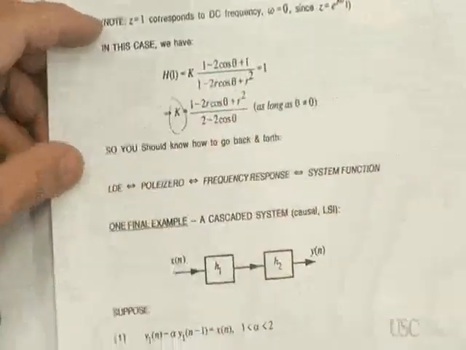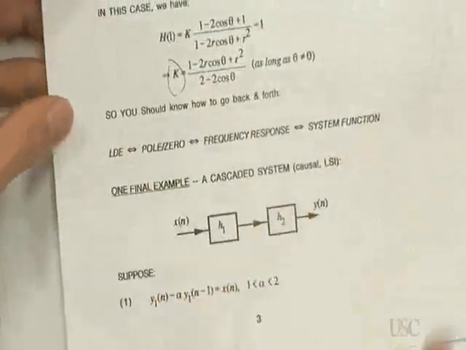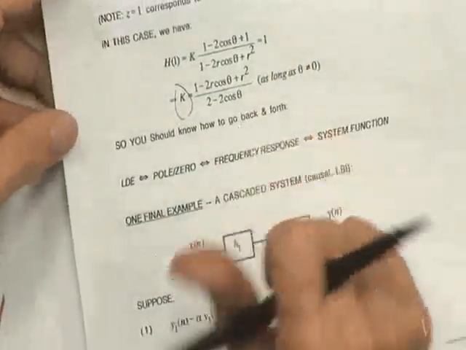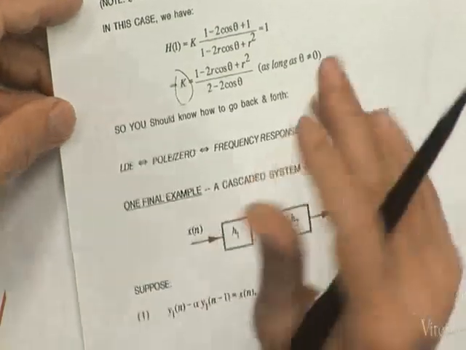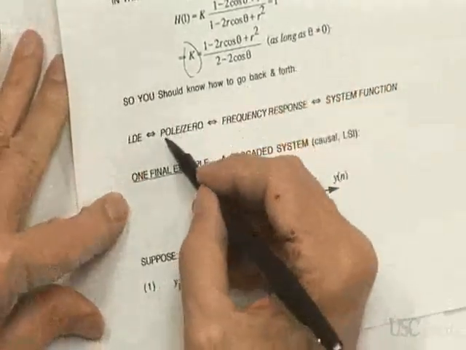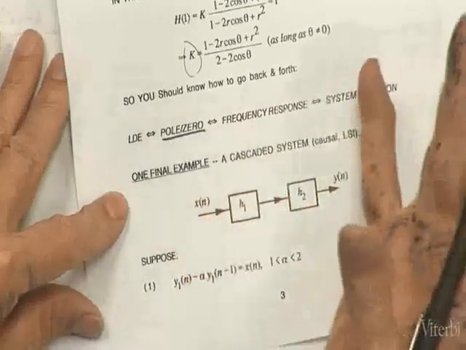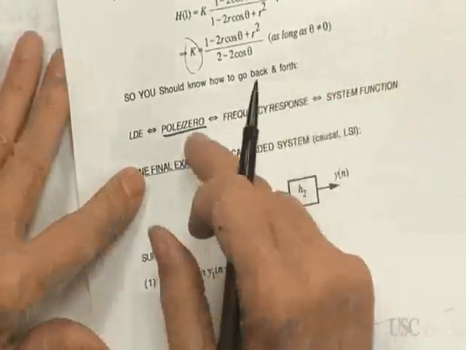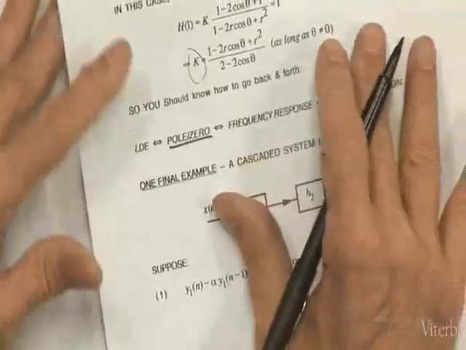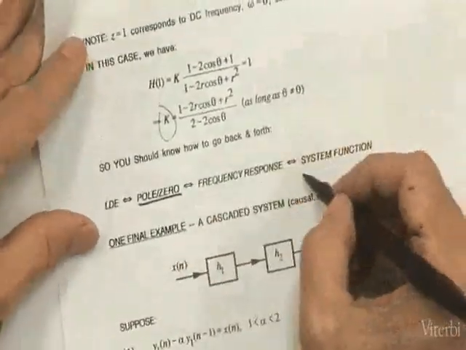Okay, so here's what you should know now. The first thing I told you that you needed to know is how to go from the Z transform to the difference equation and back. Now I'm going to give you some more assignments. If I give you the pole-zero locations for a causal linear difference equation, you should know how to construct the system function.